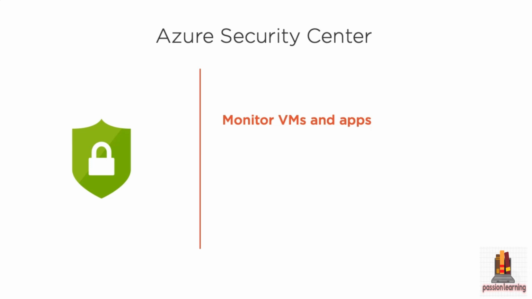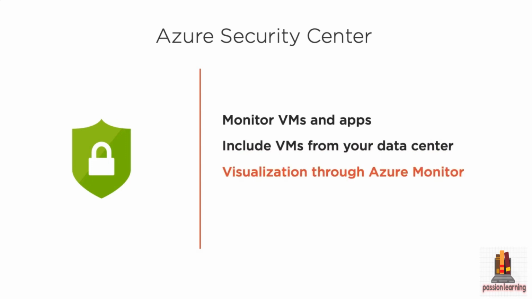You can look at your web applications and see, do you have particular ports enabled? Do you have SSL enabled like you should? In addition to monitoring these things in Azure, you can expand this to monitor VMs from your own data center. So you can install an agent there, have the Azure Security Center communicate with that agent, and validate that those VMs also meet your requirements, are patched, and secured.